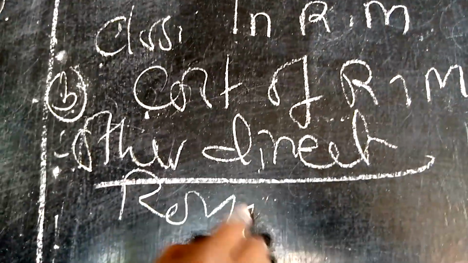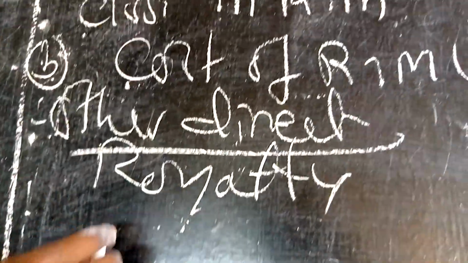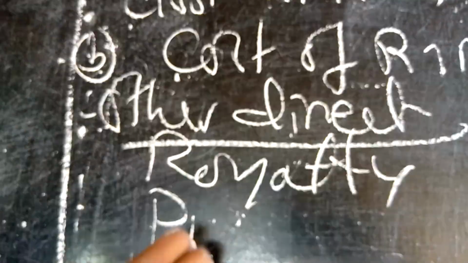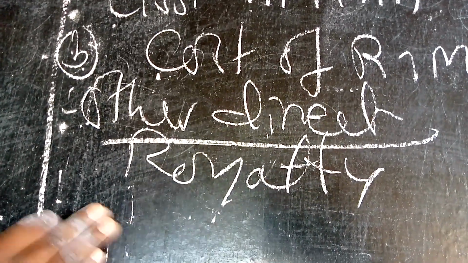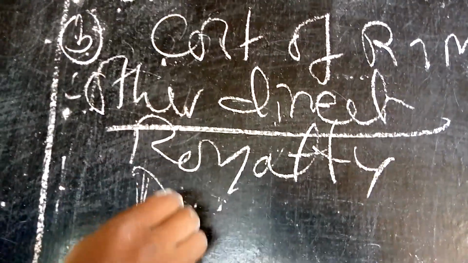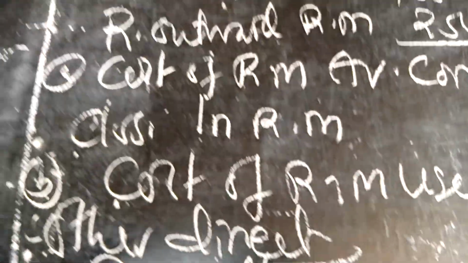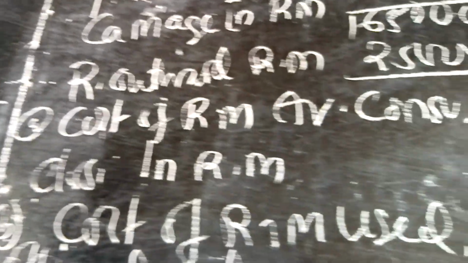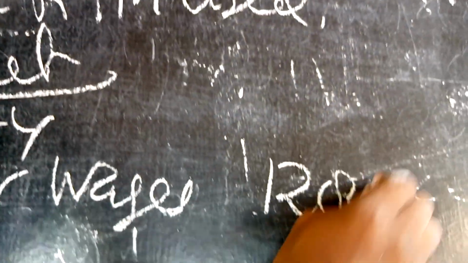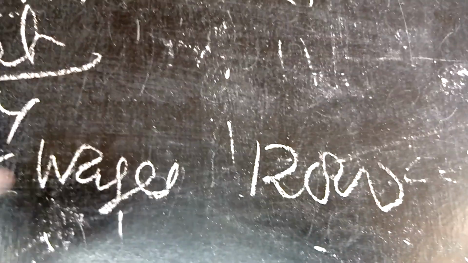Here we have royalty and direct labor wages. The figure for direct labor was 12,000 and the royalty was 5,000.